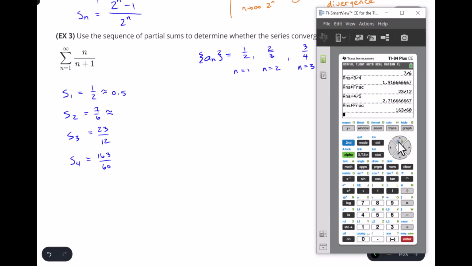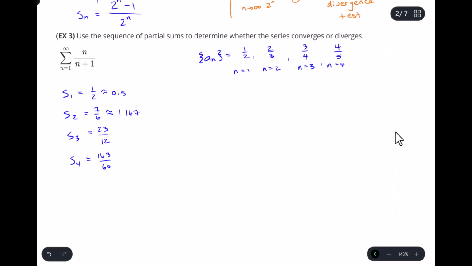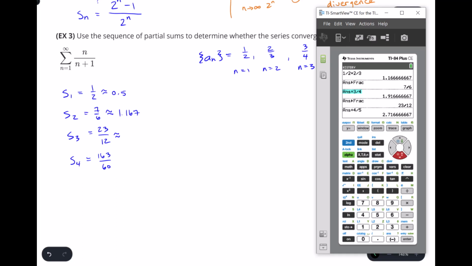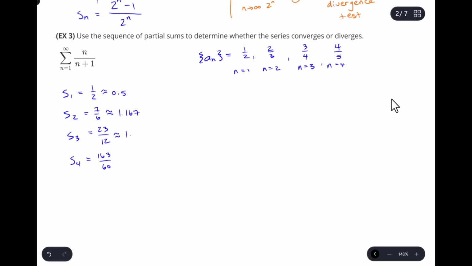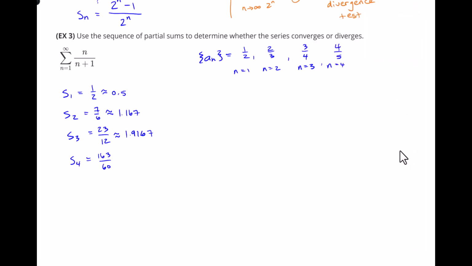So 7/6, we probably can just scroll up and see, oh, there it is right there, 1.167. 23/12, that was 1.9167. And 163 over 60, 2.7167.